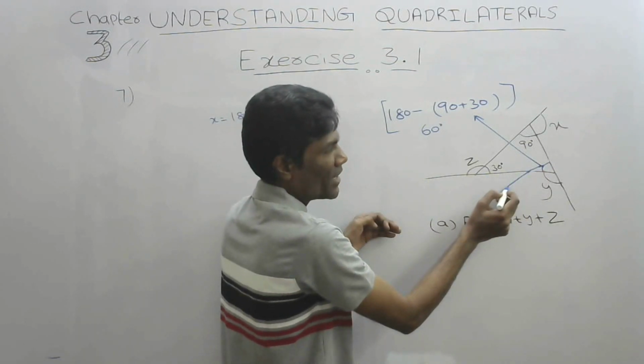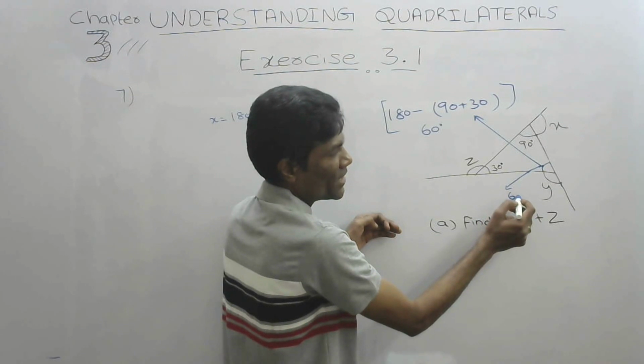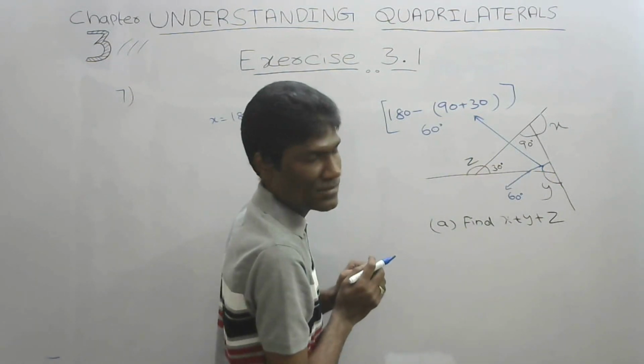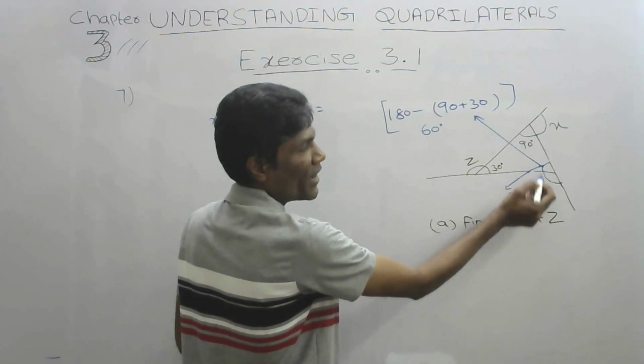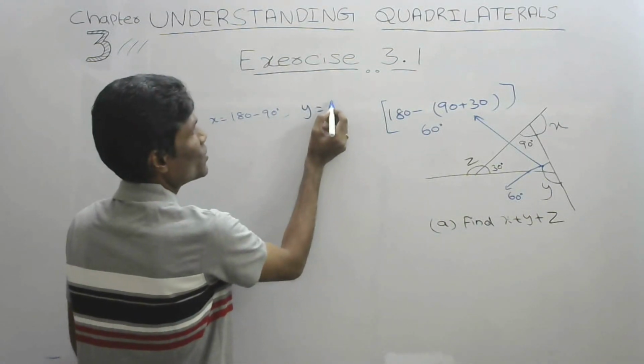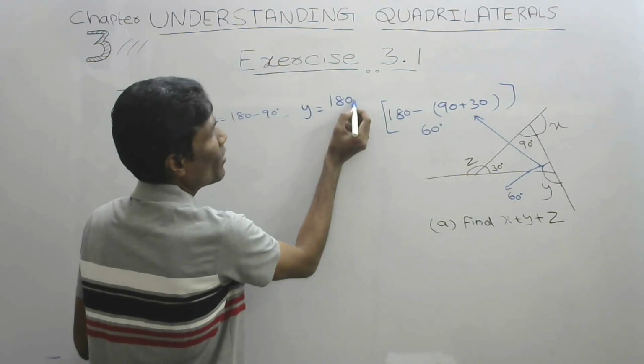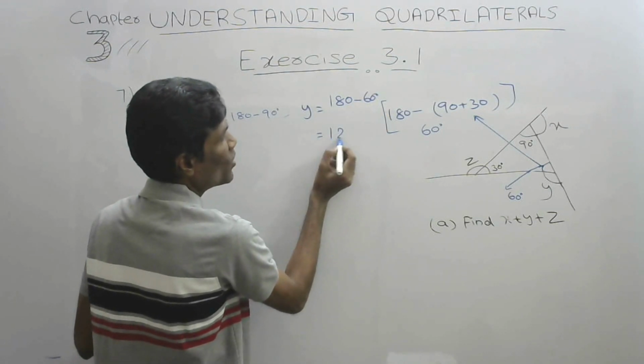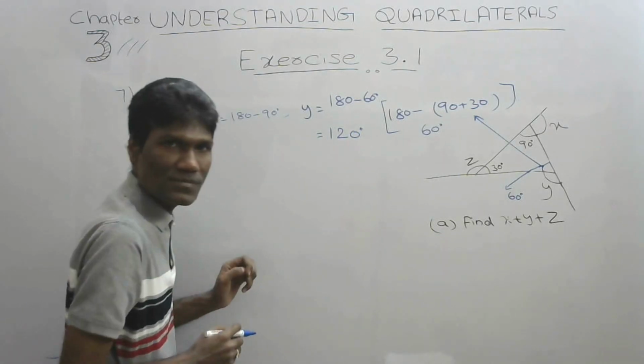So this angle is 60 degrees. So y will be 180 minus 60, so it will be 120 degrees.